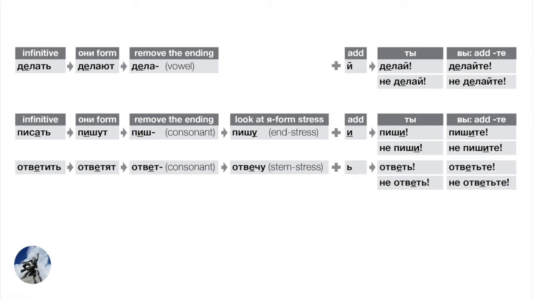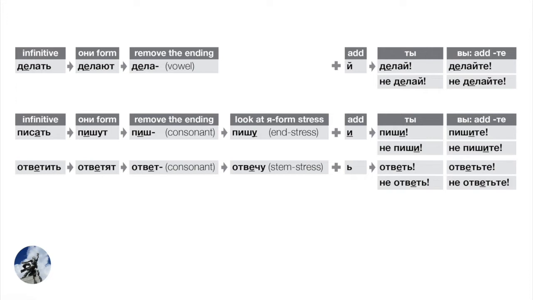And again, this is just simply a correspondence. It's not that this is coming from the я form. It just simply mirrors the я form. What is the stress in the я form? Пишу, right? That я form is end-stressed. Okay, so if we have that пишу, we add to our little form пиш, we add a stressed и, right? Пиши.